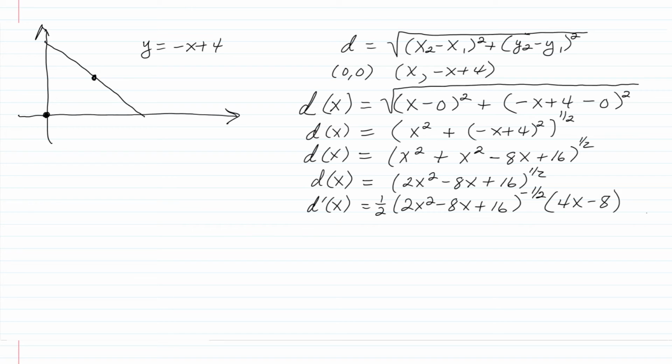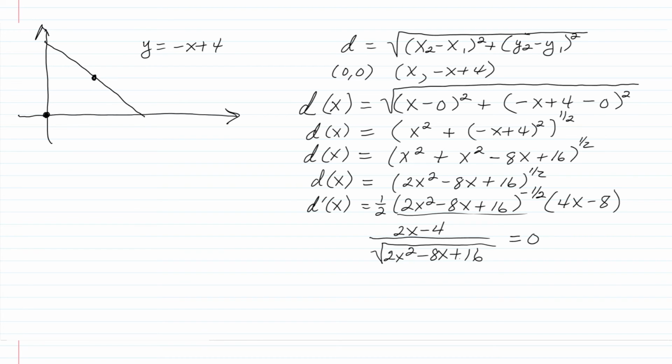So if we multiply 1/2 times 4x minus 8, we're going to get 2x minus 4. And then this square root is going to go to the bottom, because it's to the negative 1/2 power. And we're going to set that equal to 0.